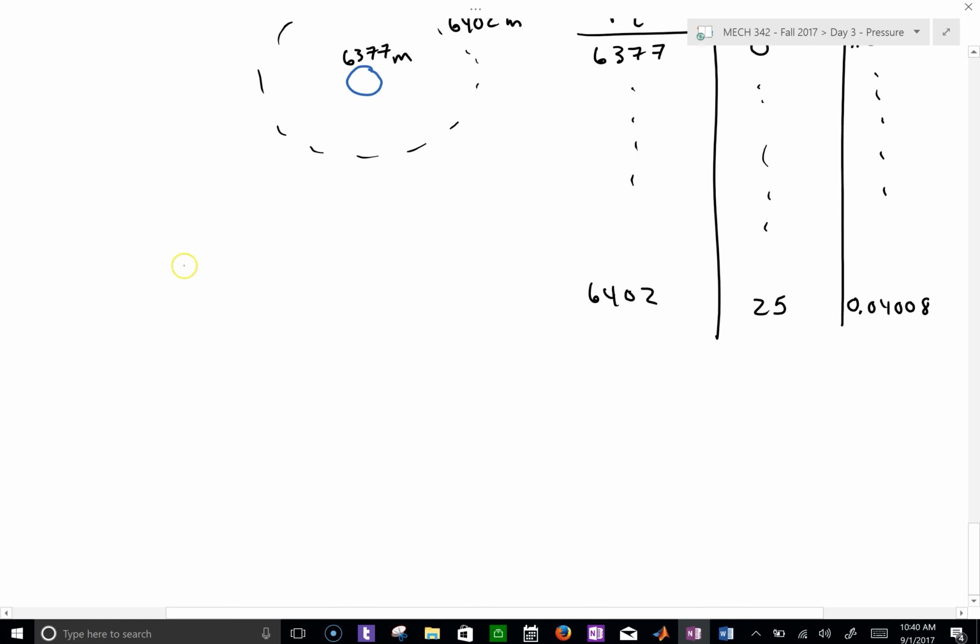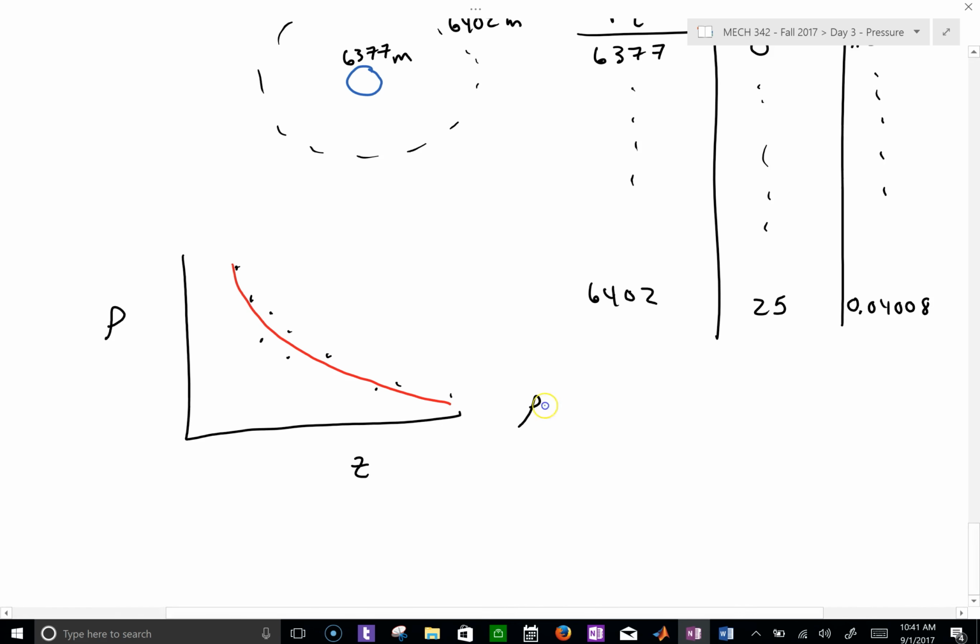So I want you to plot density versus z. I think you'll get something like this. In Excel or in MATLAB, you can fit a second order. It's fine.